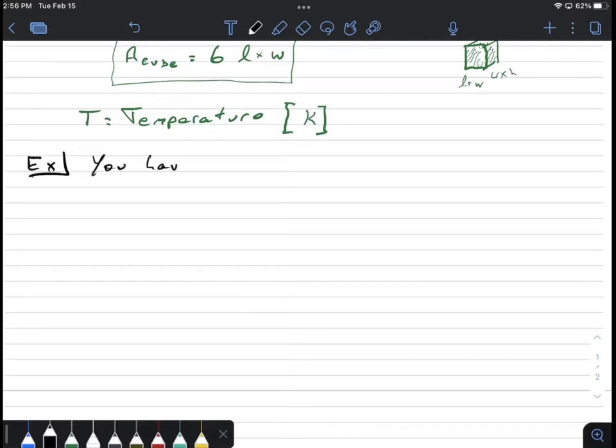You have a metal sphere whose radius is 50 centimeters.